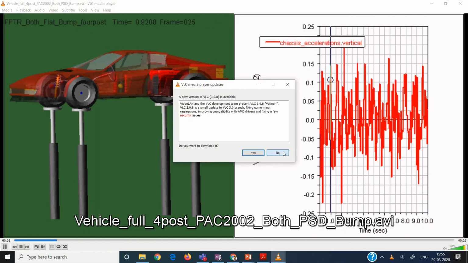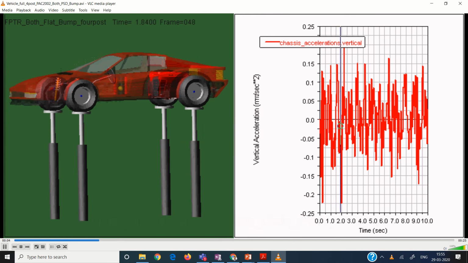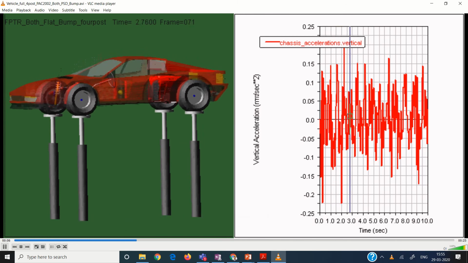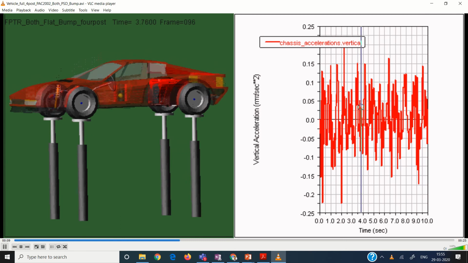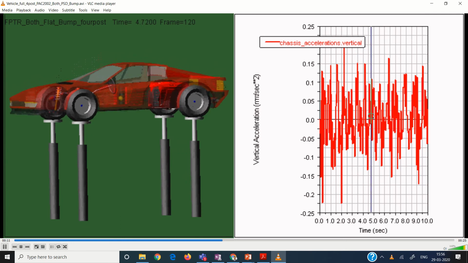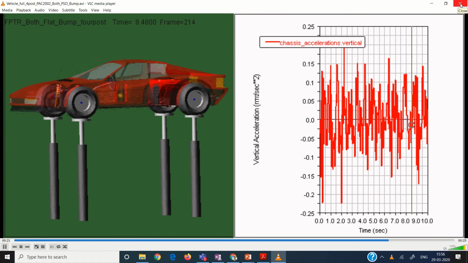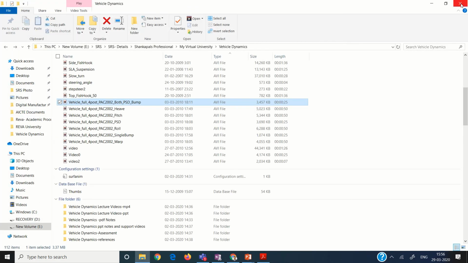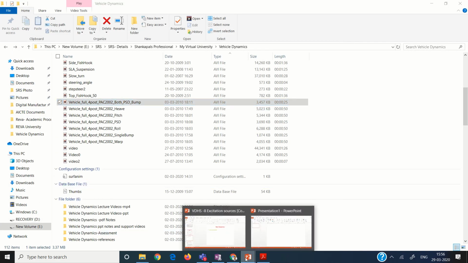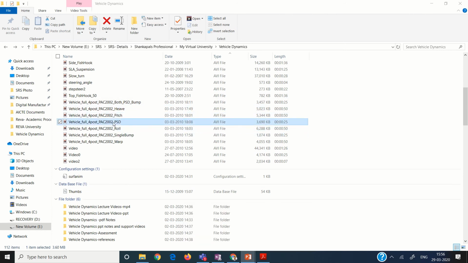We can do the simulation, also we can test for various conditions, correct? Then we can go on tuning the parameters and reduce the effect. So here I have done bump, heave, pitch, power spectral density, roll, all this.